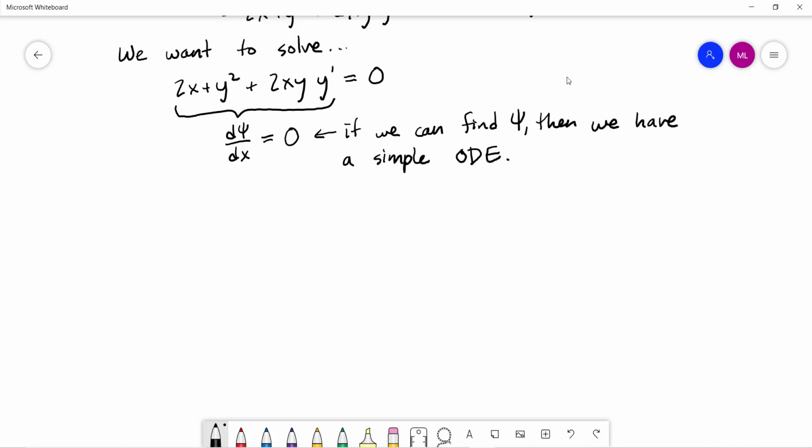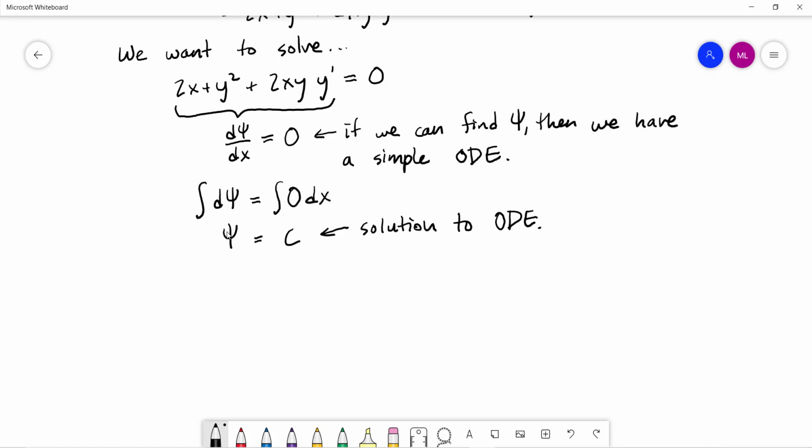So we've got, it's separable. You can multiply both sides by dx if you wanted to. So we'd have the integral of d psi equals the integral of 0 dx. What's the integral of 0? It's just some constant. What's the integral of d psi? It's just going to be psi. This is the solution to that differential equation.